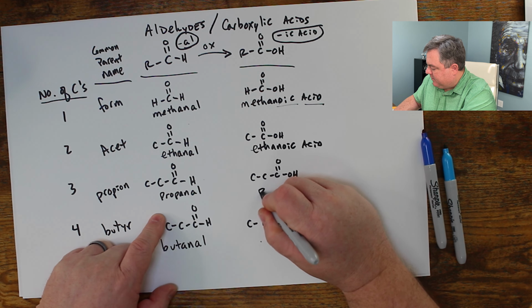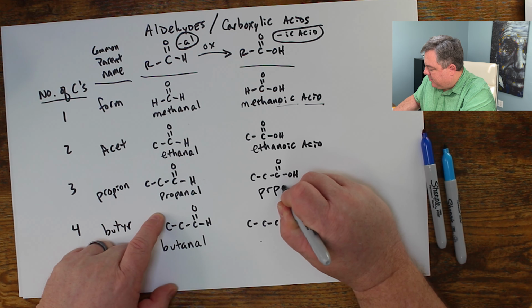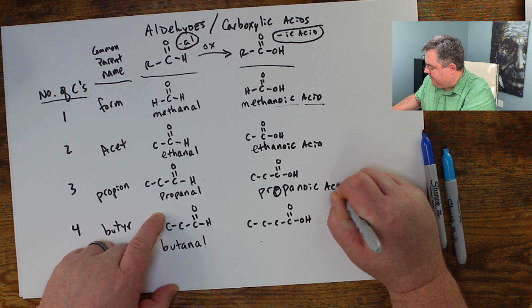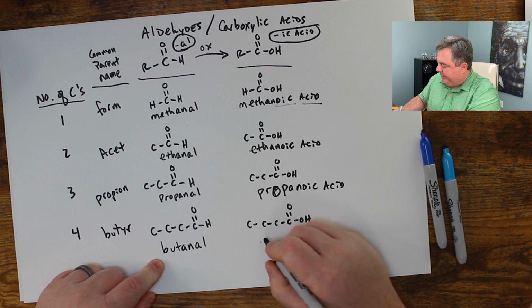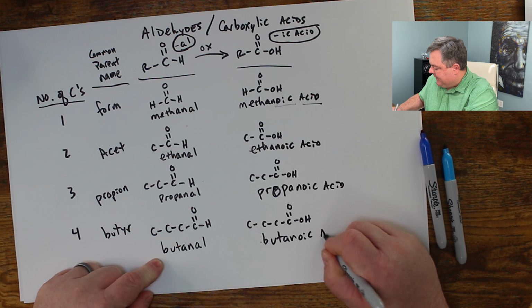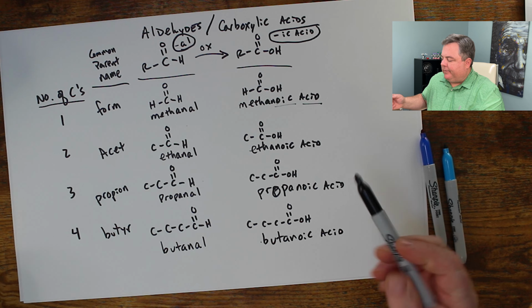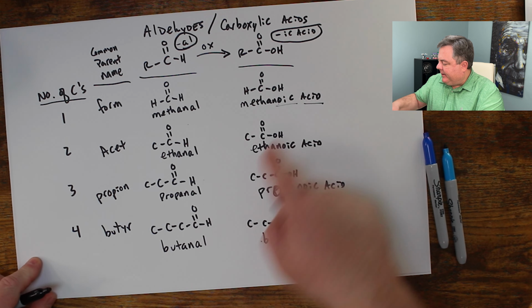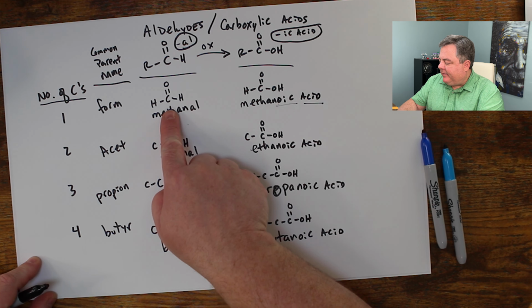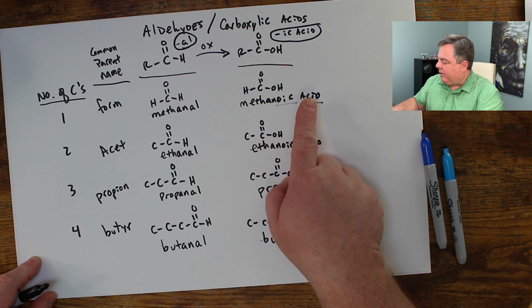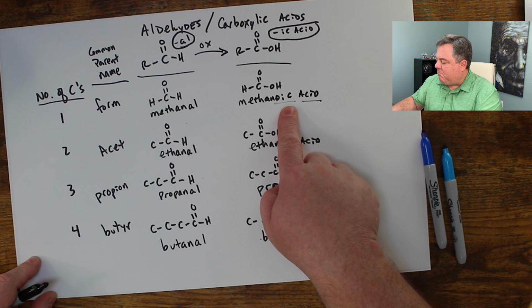Propanal becomes propanoic acid. And butanal becomes butanoic acid. So those are the technical IUPAC way of naming aldehydes and carboxylic acids. Take the alkane chain, drop the E, and either add al or oic acid. Methanal, methanoic acid.